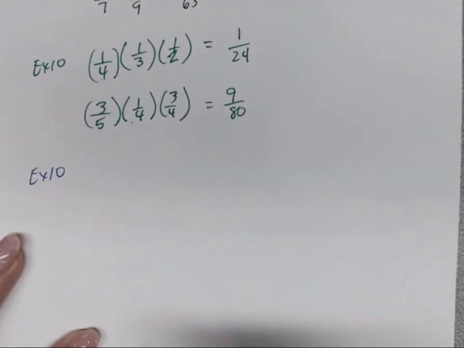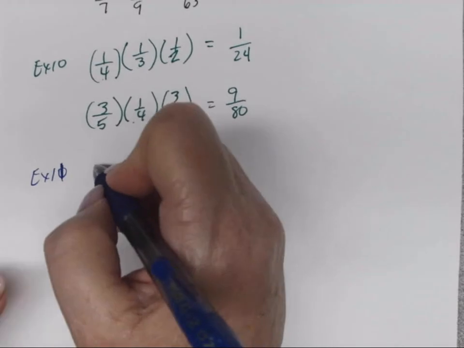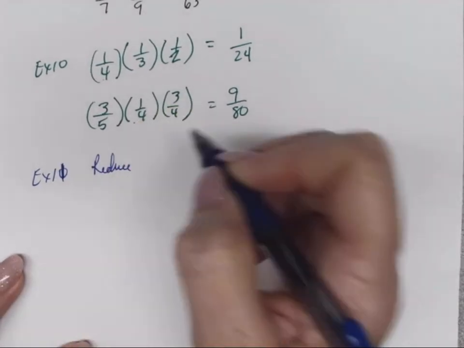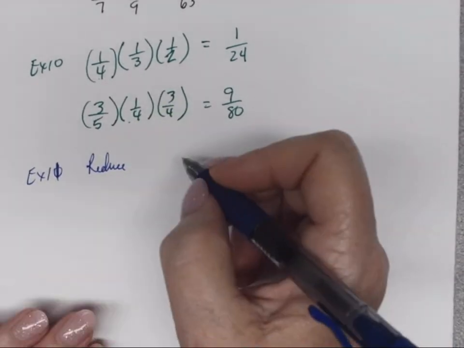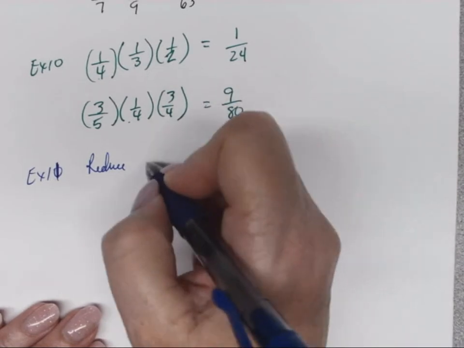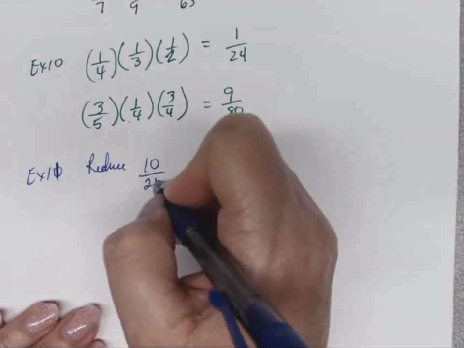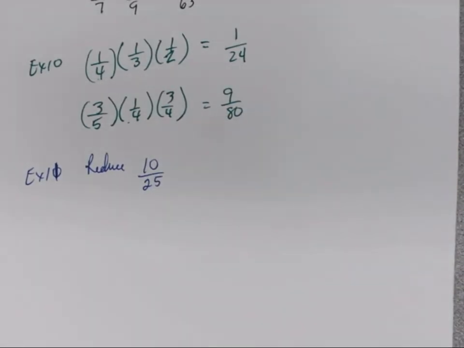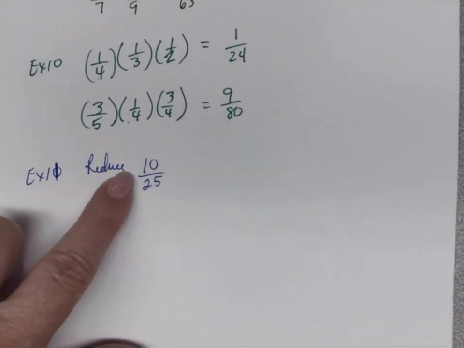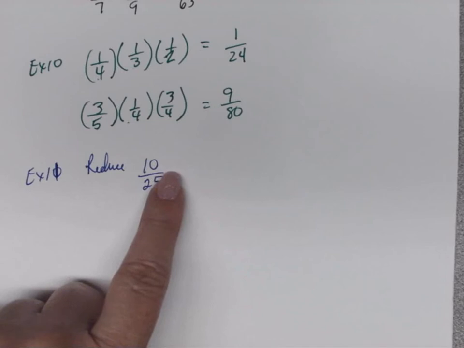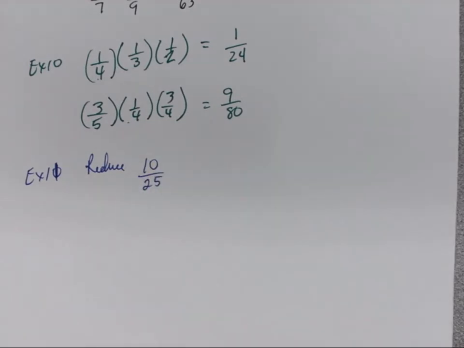So for example 11, not 10, we are looking at reducing. So reducing, we are going to look at reducing 10 over 25. What we need to do is figure out what the top and the bottom both divide by. This one's a little bit easier because we can see it ends in a 5 and a 0, so we know they're both multiples of 5.